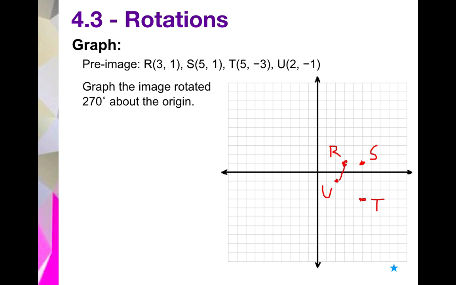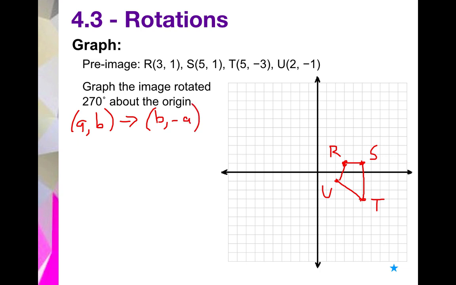We connect these together, and we get a figure that looks like this. We want to rotate 270 degrees around the origin. So 270 degrees around the origin is this rule: (A, B) goes to (B, negative A).